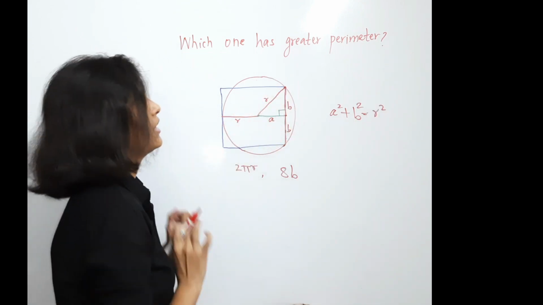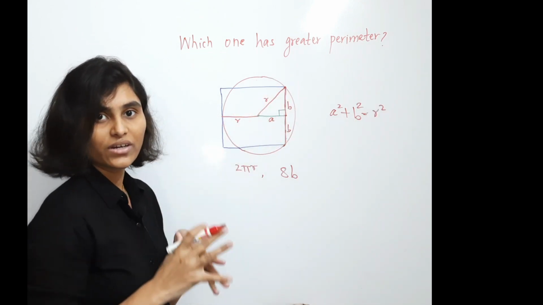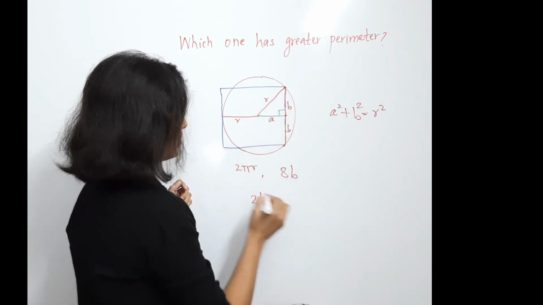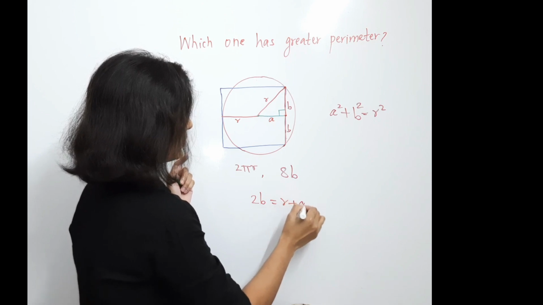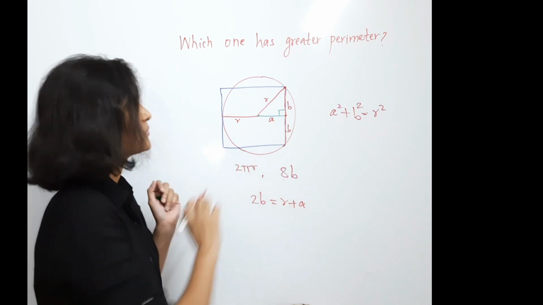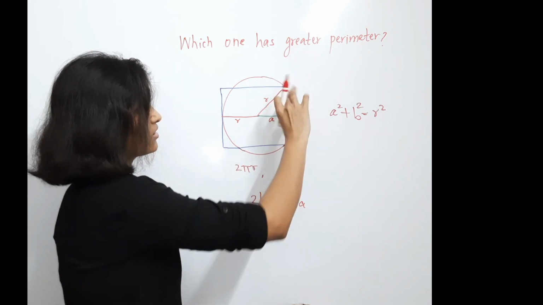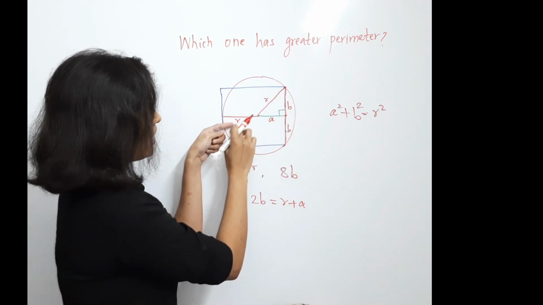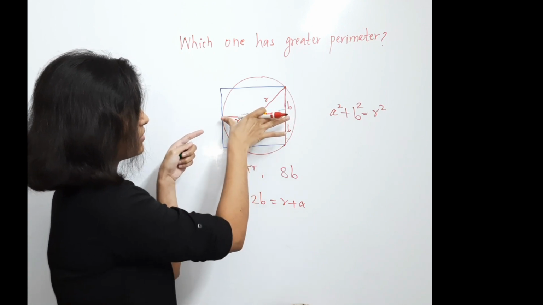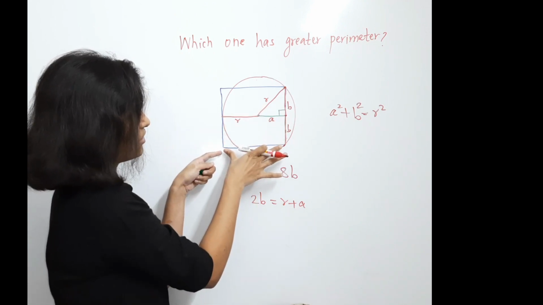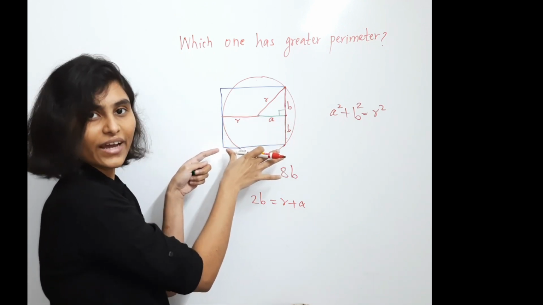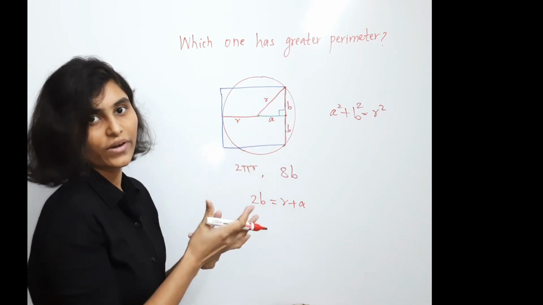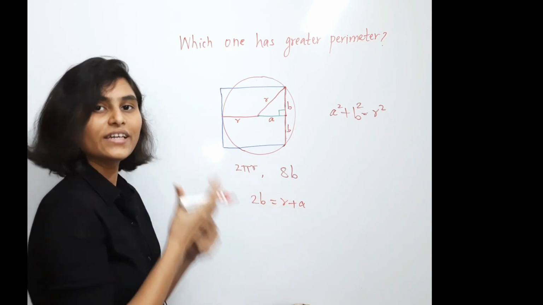And again we have an equation which is 2 times b is the same as r plus a, right? Because here the length is 2b, and r plus a is nothing but a side which is parallel to the side of the square, right? So r plus a is nothing but the side of the square. So these two are equal.